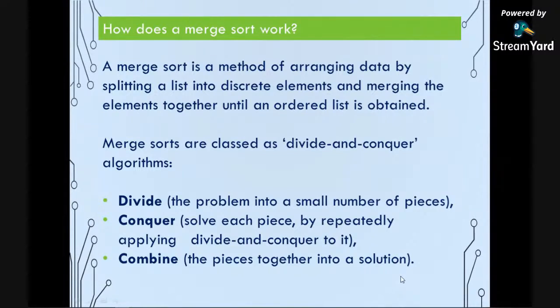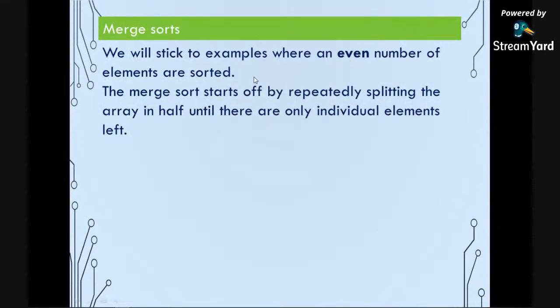So how does merge sort actually work? We're going to stick to examples where an even number of elements are sorted, just to make this more obvious. We repeatedly split the array or list in half until there are only individual elements left.